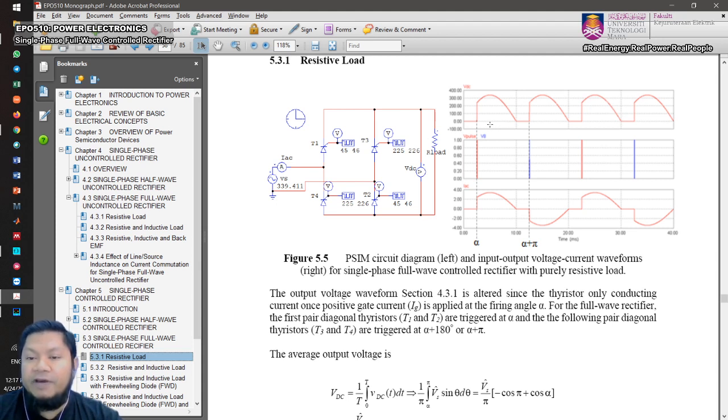And again, if you vary alpha to pi, then you can see a different area under the curve, and therefore the average of the output voltage will change, right?